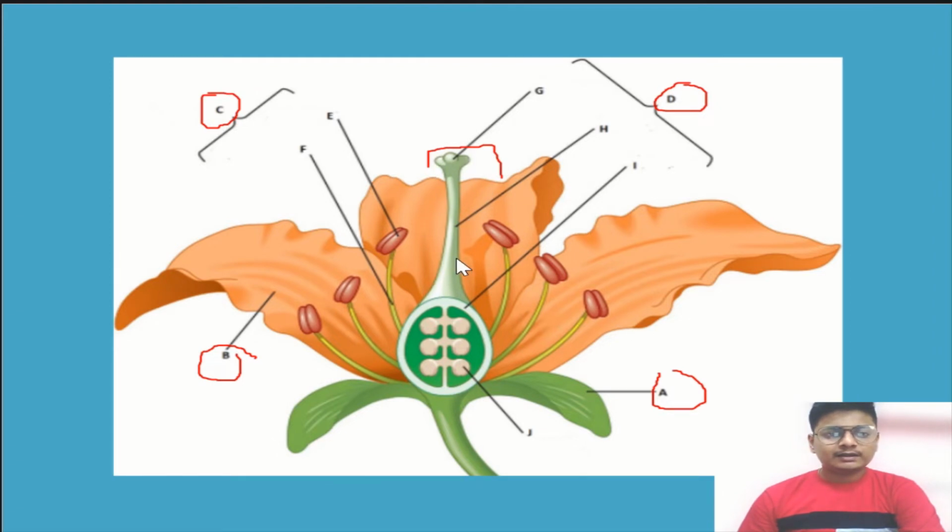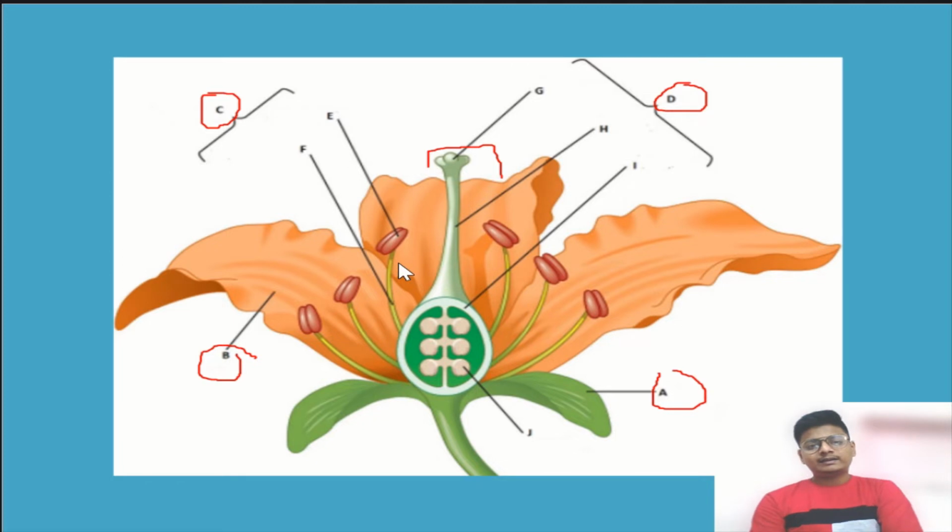The female reproductive part is known as stigma or pistil. In this also, G1 is stigma, H1 is style, and I1 is ovary, and this total is known as stamen, and in the upper part there is anther.